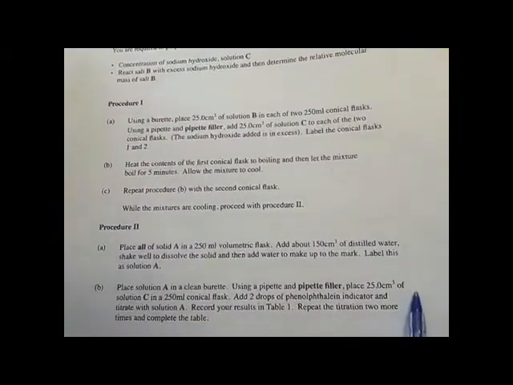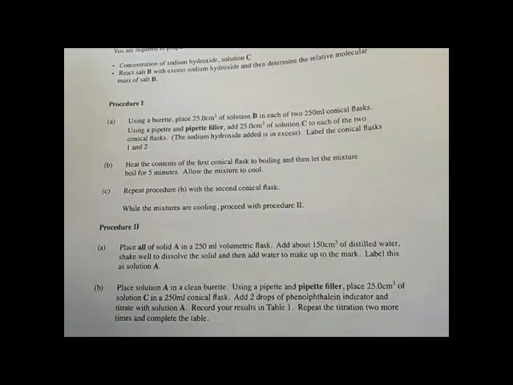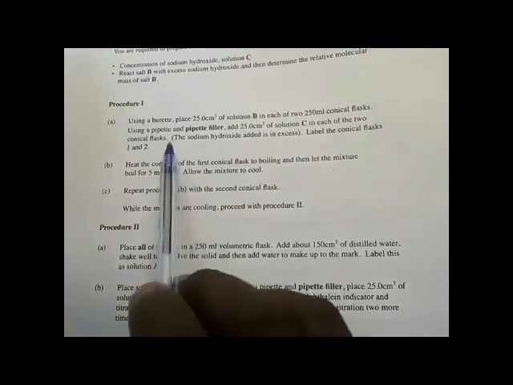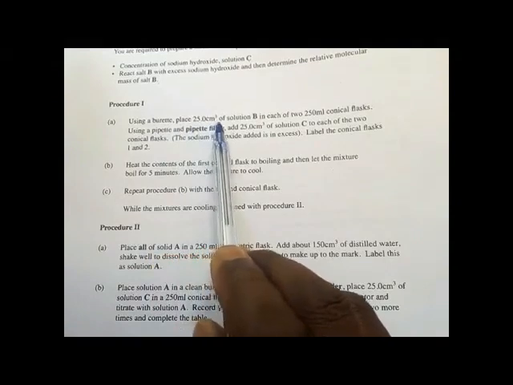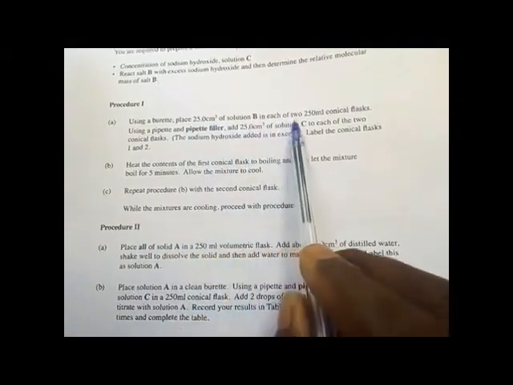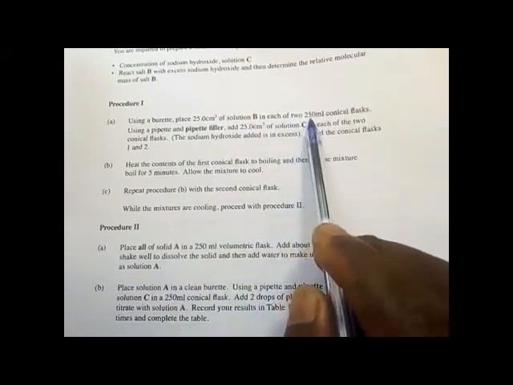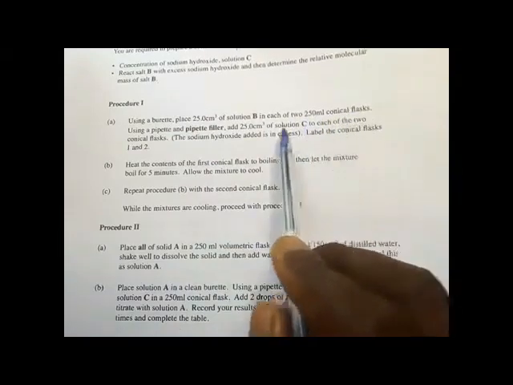Procedure 1. Like I told you, in practical paper 3, the only thing you do is to follow instructions, especially in our setting. So you need to understand which solution is reacting with which. Right. So procedure 1, using a burette, place 25 cm³ of solution B in each of two 250 conical flasks.